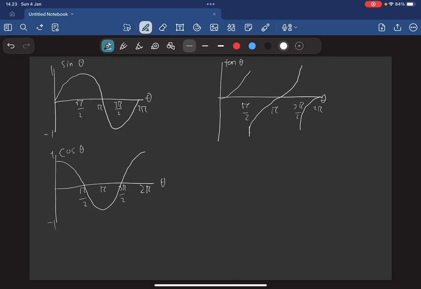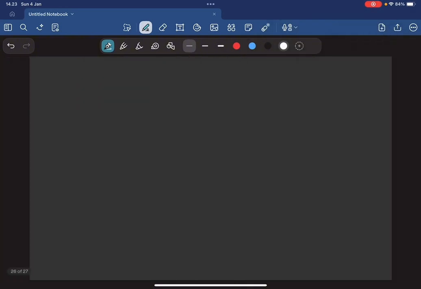There are a couple of useful things to know about the trigonometric functions. The first is that we can draw a triangle within a circle with the center of the circle located at the origin of a Cartesian coordinate system. The picture will be like this.